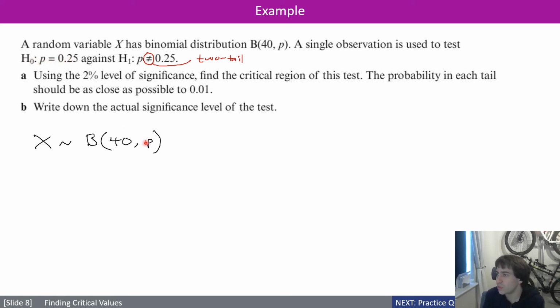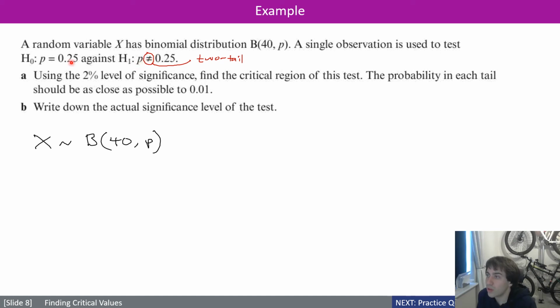So by default, we assume each trial has a quarter probability of succeeding, and 3/4 failing. And then the alternative hypothesis is that actually, what if it's not 0.25? Perhaps this random variable, whatever process it's describing, doesn't actually have a probability 0.25. It's biased or it's different in some way. Specifically, it could be higher or lower.